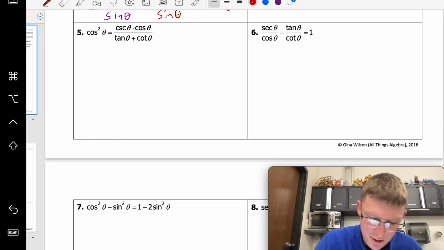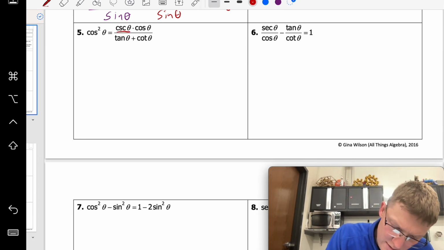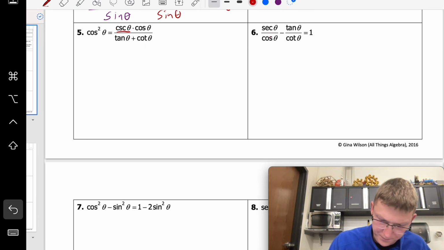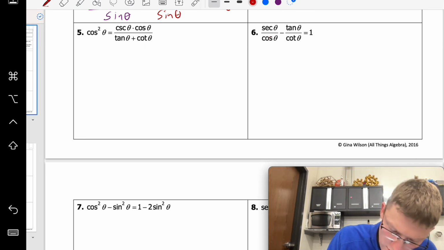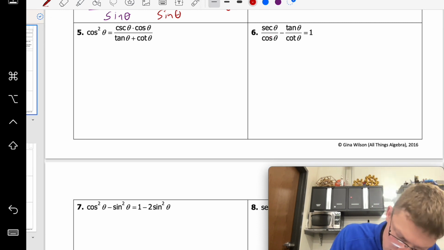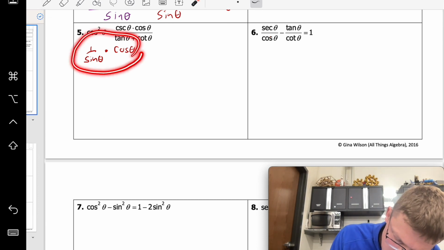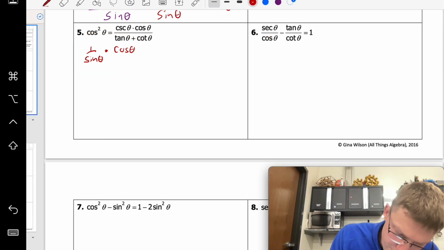So the first thing I'm going to do is rewrite this in terms of sines and cosines, just for fun, just to see what I'm looking at. So cosecant is 1 over sine, and that's going to be times cosine of theta. So I already see a cotangent here, so that might be helpful later on.